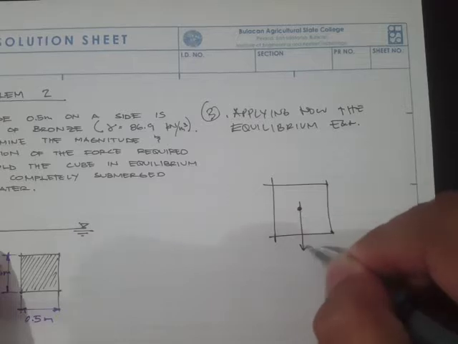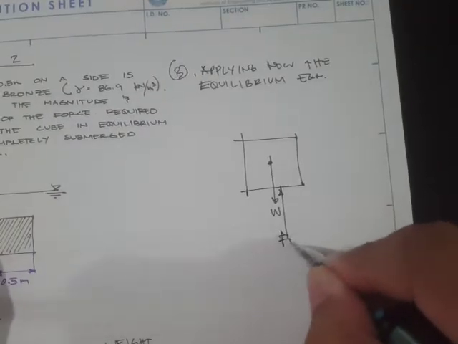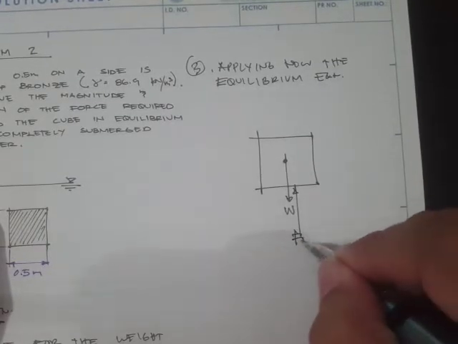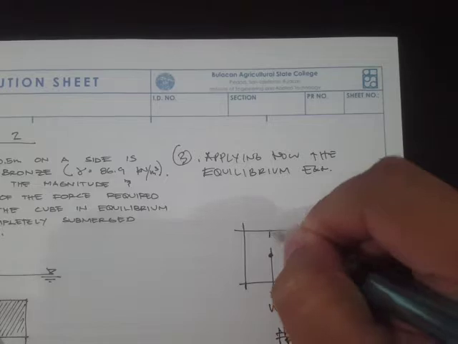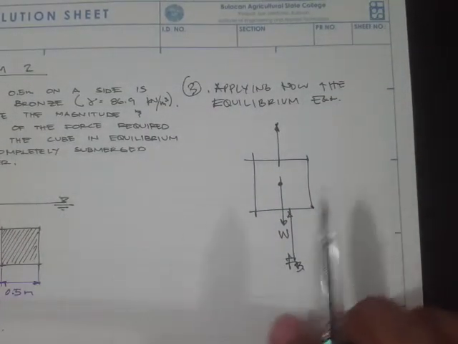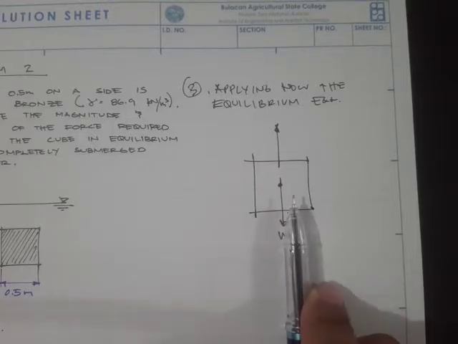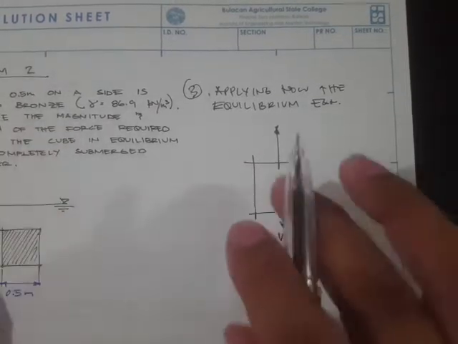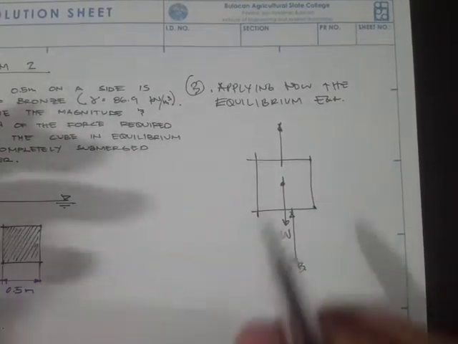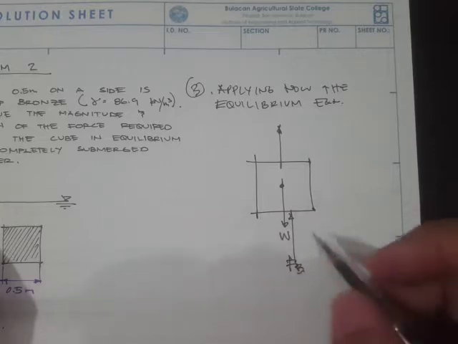Let's say this is our weight, then this is our buoyant force, and of course, you'll still have a force right here. By the way, this buoyant force should also be acting along the centroid, except that I just drew it somewhat offset simply to show that there's a buoyant force right here.